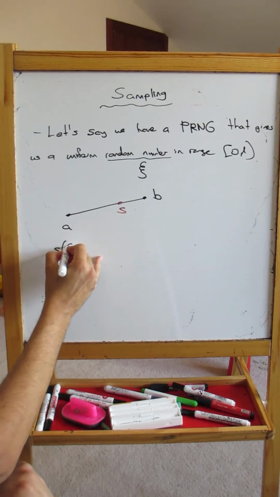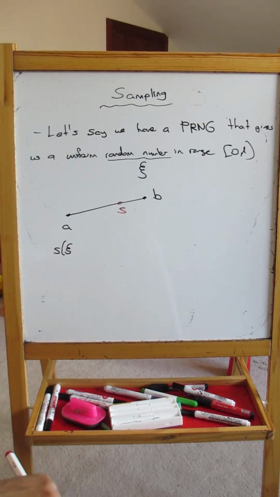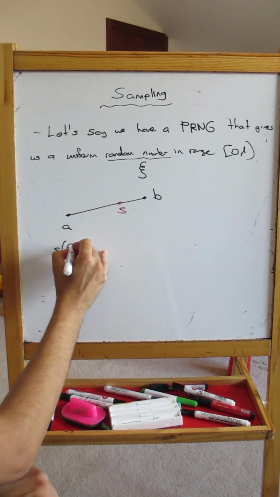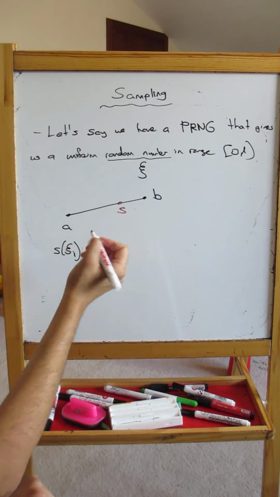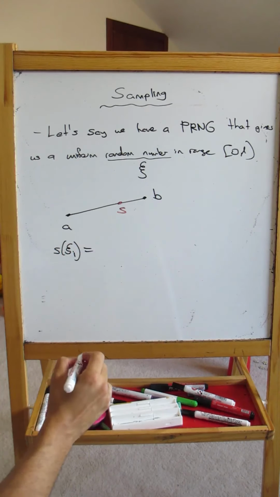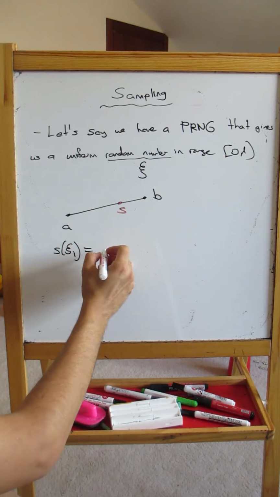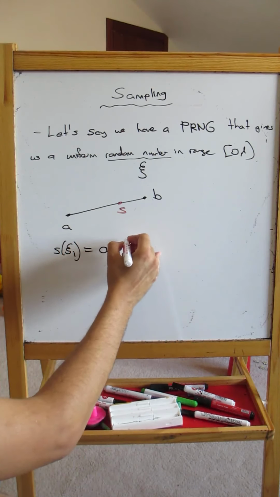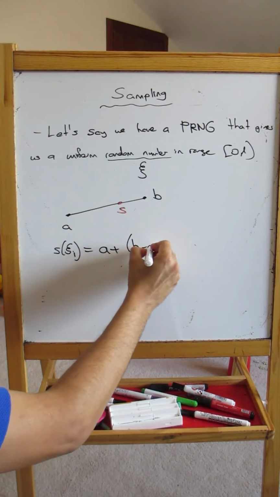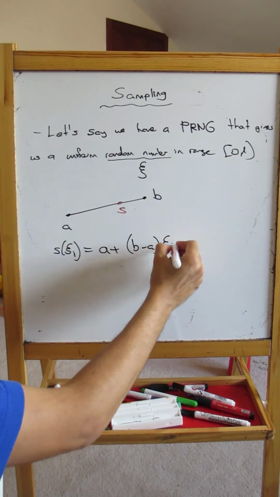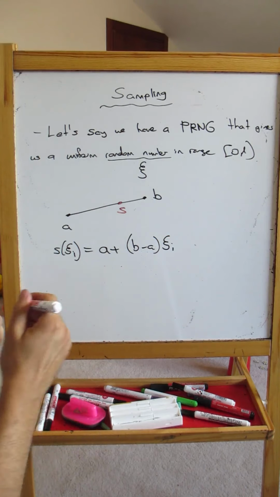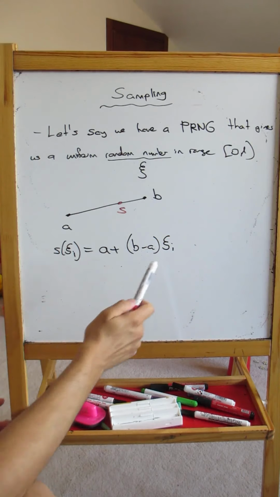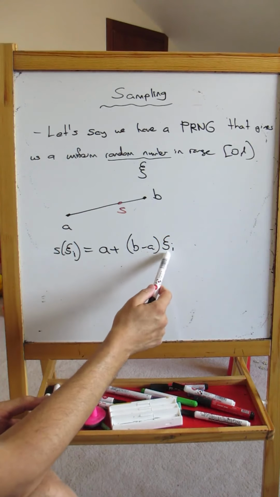The S at chi, so given a random number, is equal to, I can say, A plus (B minus A) chi. So what does it mean? Let's say chi is 0.